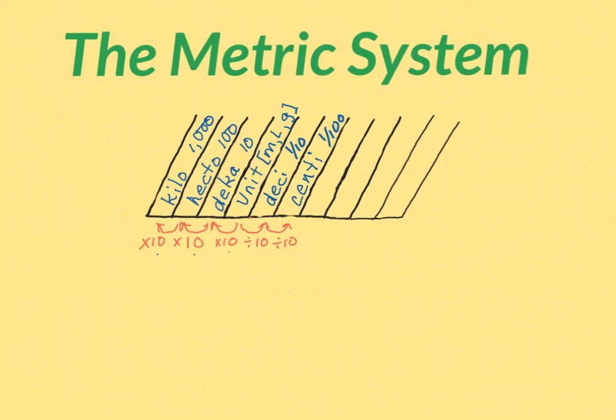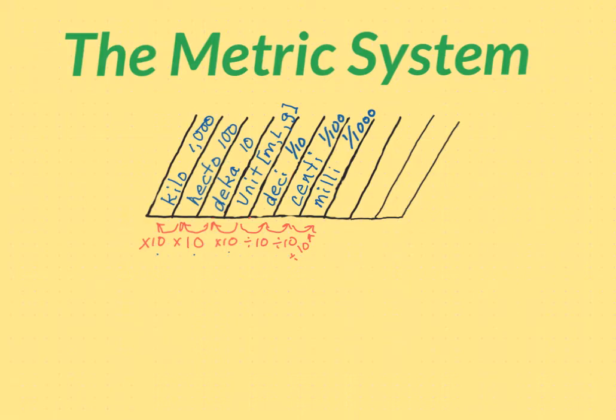We divide by 10 again, our next prefix will be a milli, because we are 10, 100, 1,000 times smaller than our unit now.